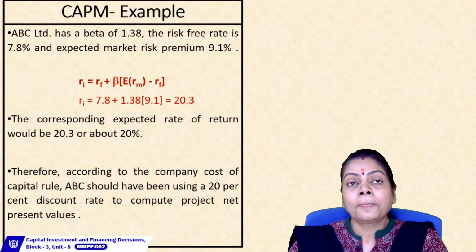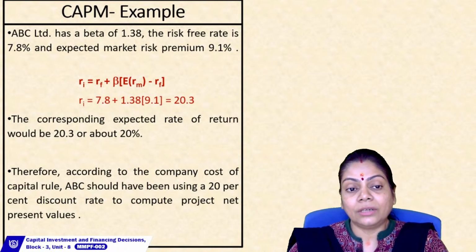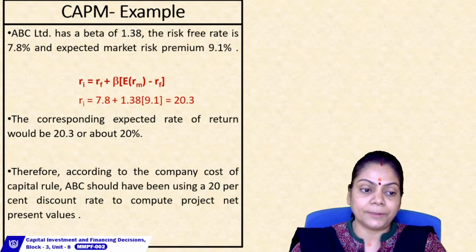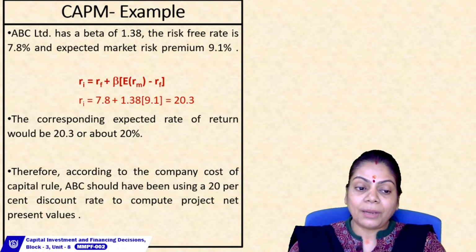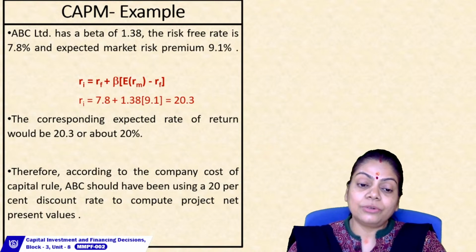In essence, this particular company will have a cost of equity equivalent to 20.3%. The company cost of capital, ABC should have been using a 20% discount rate, or 20.3.